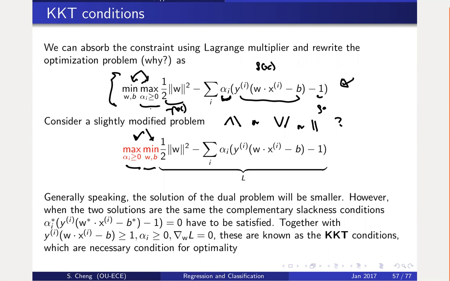Now I swap the order of the maximization and minimization. So my question is, in general, how should this new problem compare? Typically people call it the dual problem, and by the way, this is often known as the primal problem.